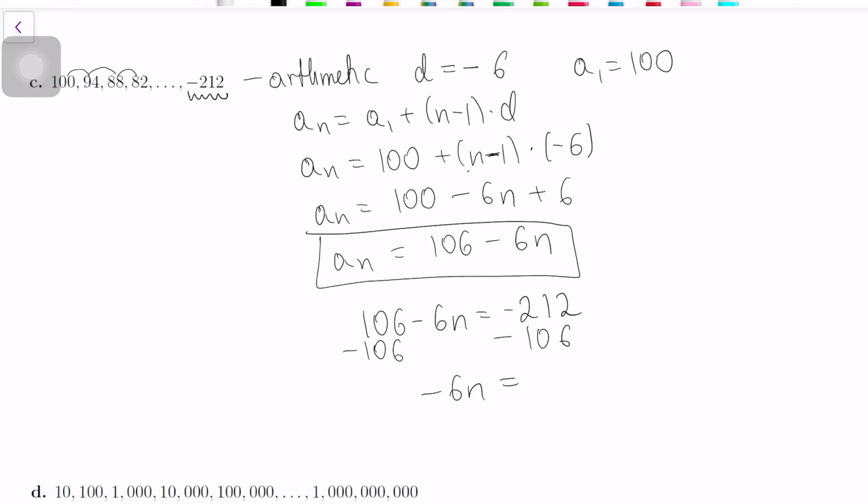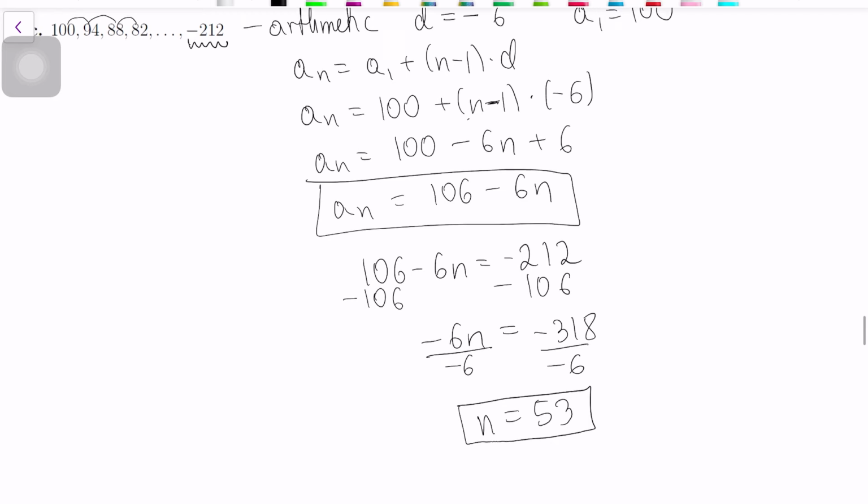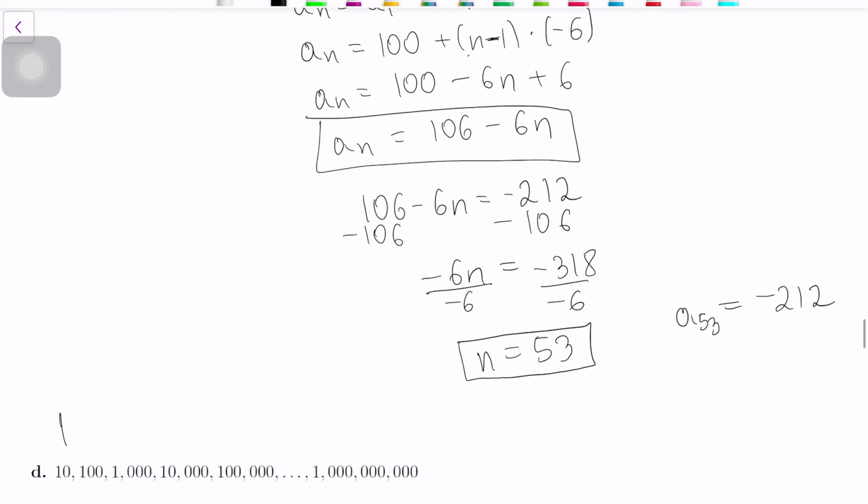So that's going to be -318. And then I'm going to have to divide by -6. So that's going to give me n is 53. It should always end up being positive, because this should be a natural number. So that means that the 53rd term of your sequence is equal to this -212. Basically, we have 53 terms in this list.